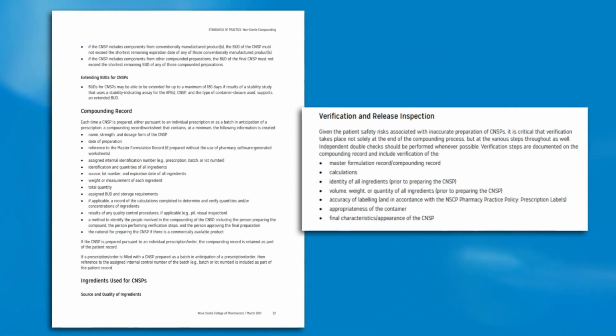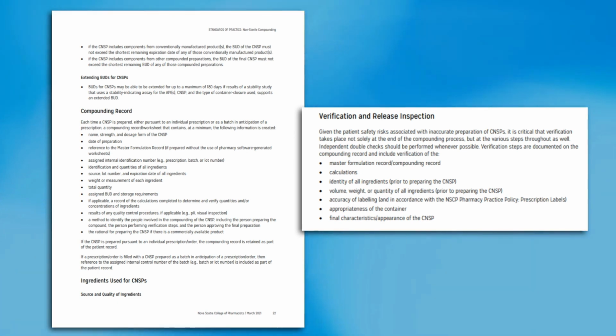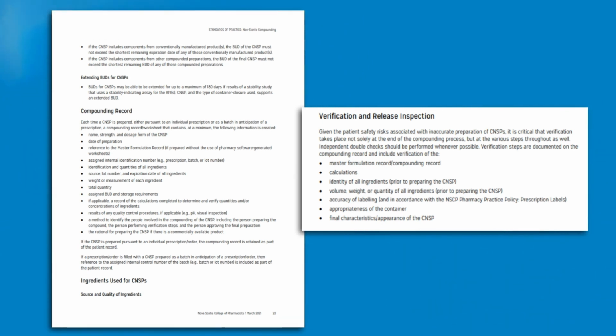Appendix E lists the required information that must be included in the compounding record, and many items overlap with the requirements of the MFR.